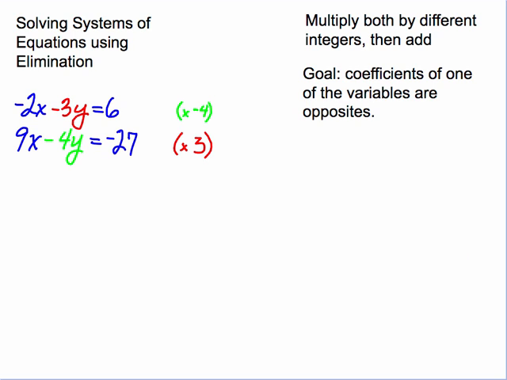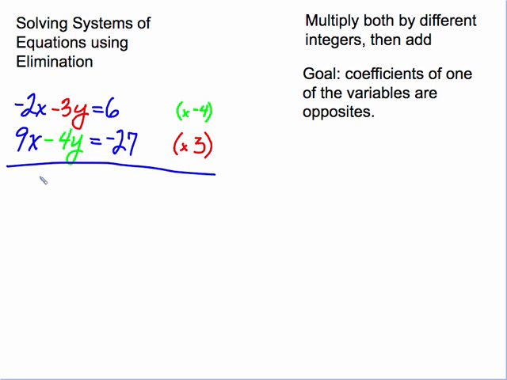So if we look at these two coefficients here, -3y and -4y, we can multiply one by the other and adjust our signs so that they become opposites. If we multiply -3 by -4, the coefficient of y will equal 12. And if we multiply -4 by +3, the coefficient of y in the second equation will be equal to -12, and that's exactly what we want. So let's show how the multiplications work.